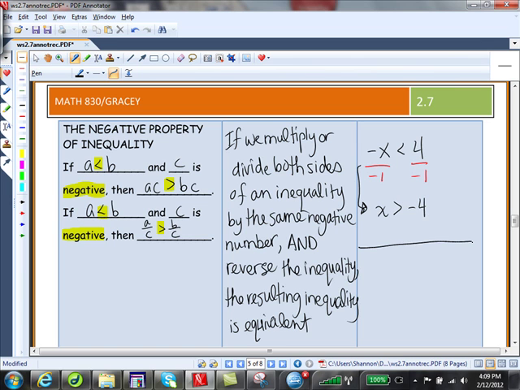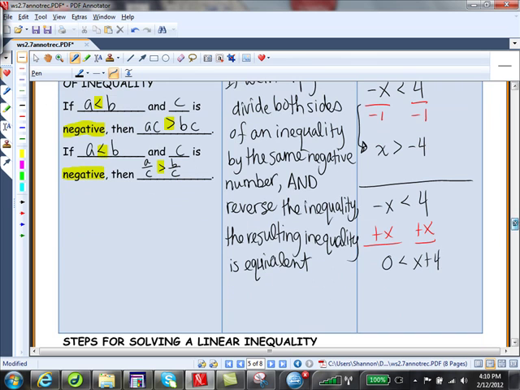Now, sometimes people don't understand why, so I'm going to show you why. If we start out with the original, negative x less than 4, imagine adding x to both sides. Then we would get 0 is less than x plus 4.